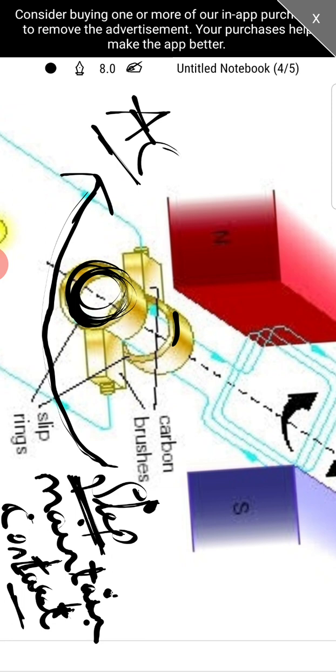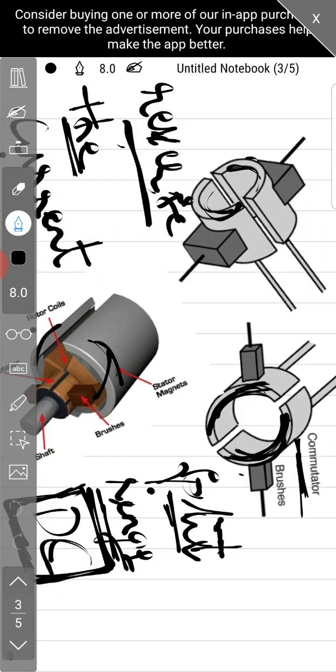Remember, split means semicircular rings, which are always used in case of DC, and slip means circular rings, which are always used in case of AC current.